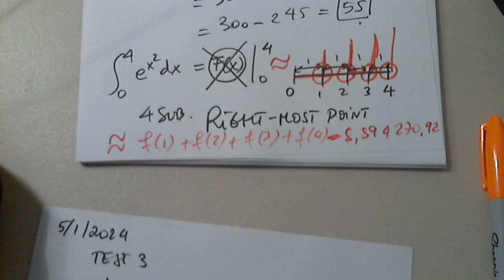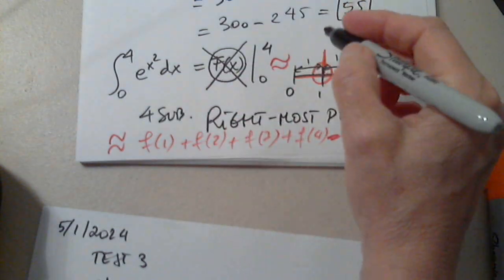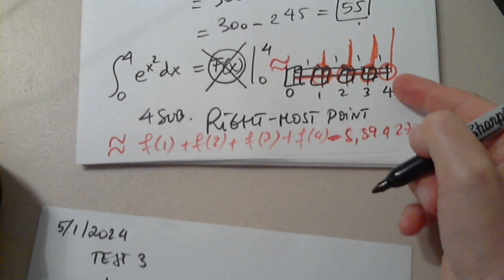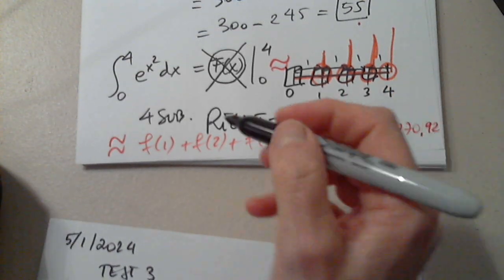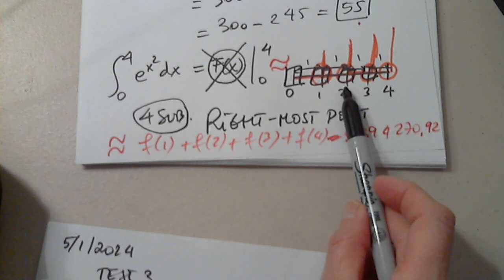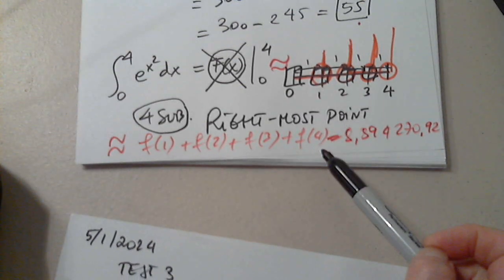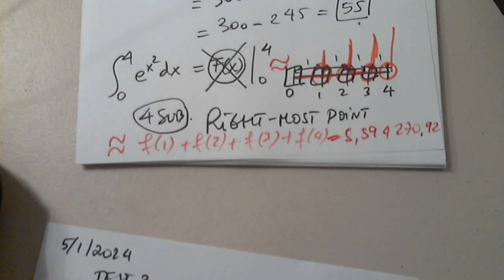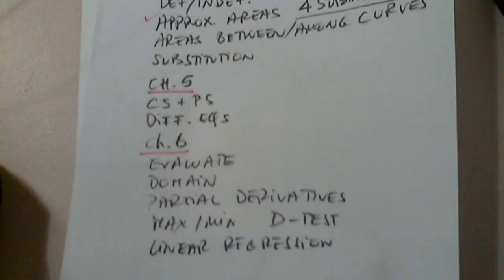Now, if the question is asking using the leftmost point, then you have to use this and this and this and this, not the last one. You have to use 4. f of 0 plus f of 1 plus f of 2 plus f of 3. Only 4. So count them several times so you don't make the error of adding the fifth one, or 5 subintervals.